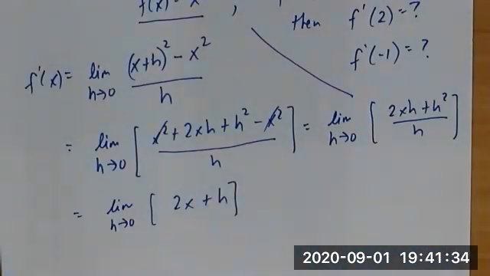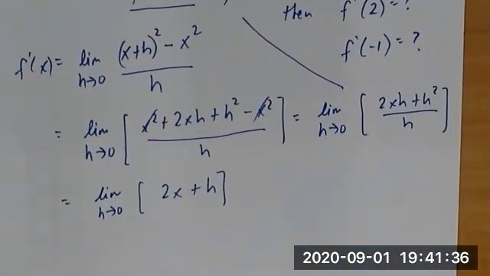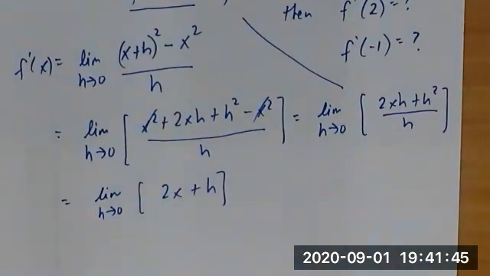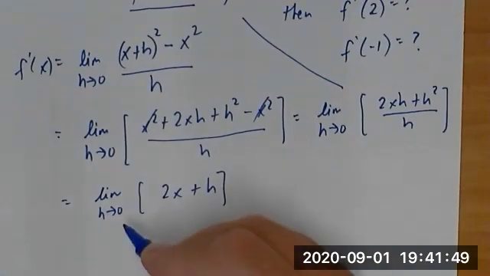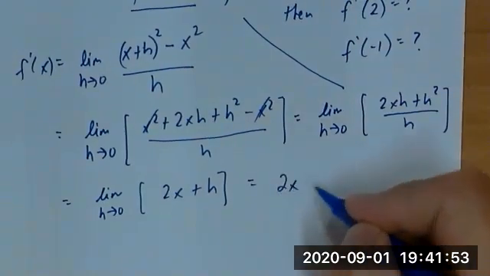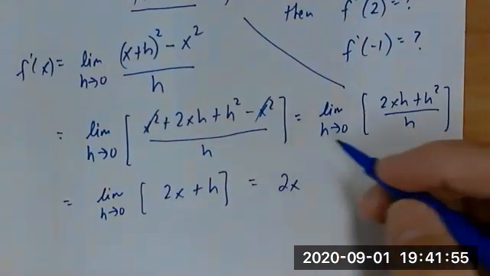Now if you remember how to take limits, right? First attempt at taking a limit, you just put the number in for the variable. And if you get something that's okay, then you're done. So if I put in 0 for h, I end up with 2x, which is perfectly fine.